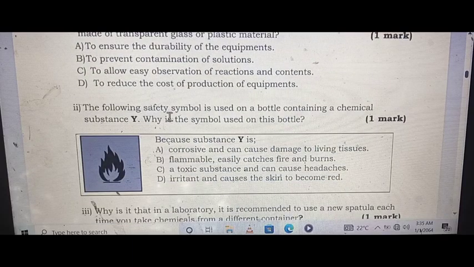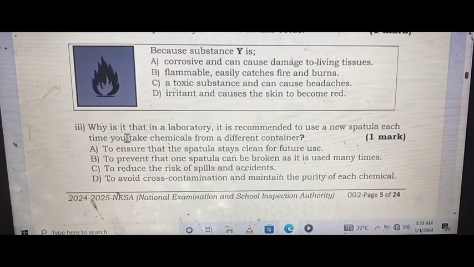The following symbol is used on a bottle containing a chemical substance Y. Why is the symbol used on this bottle? The correct answer is letter B, flammable, easily catches fire and burns. 3.